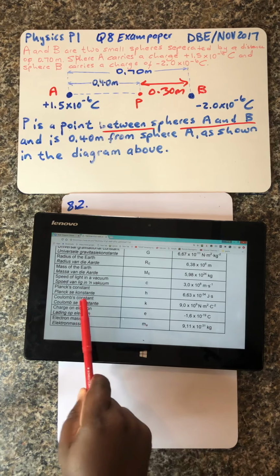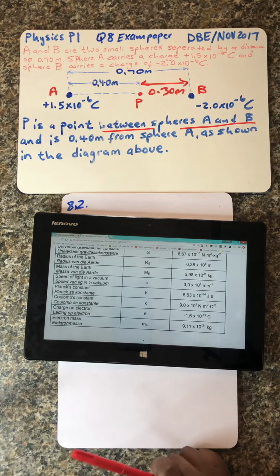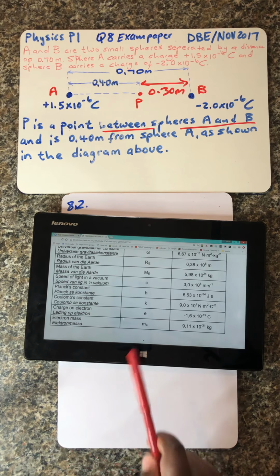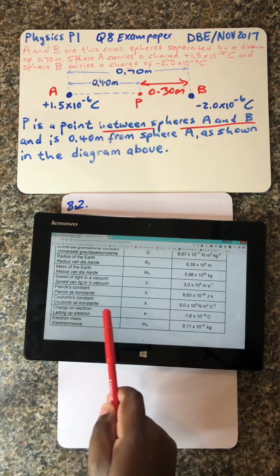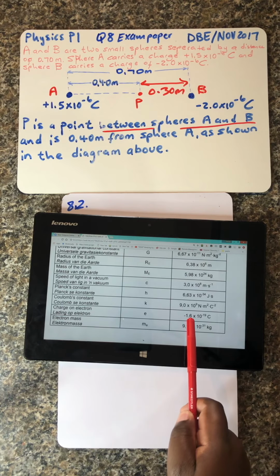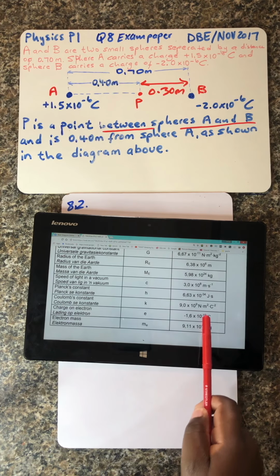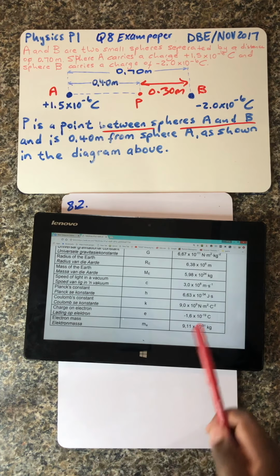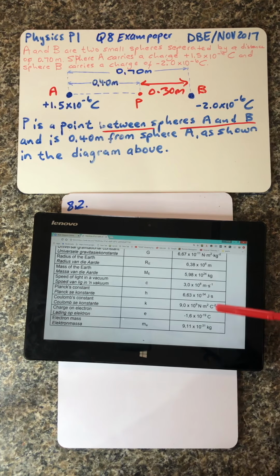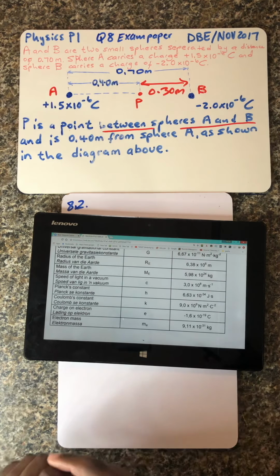And the other one is the charge on an electron, which is negative 1.6 by 10 to the power negative 19 coulombs. So these are the two physics constants that we normally use in relation to this chapter.